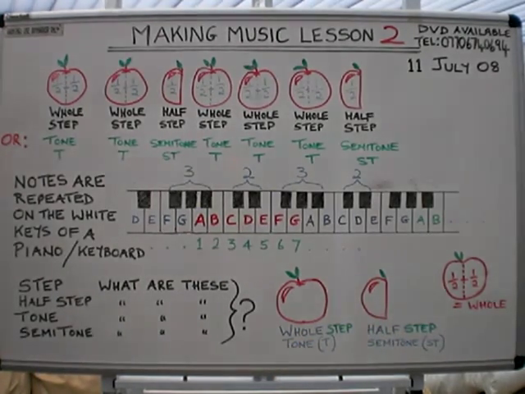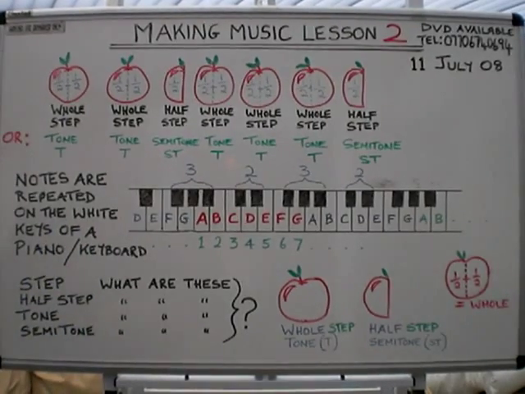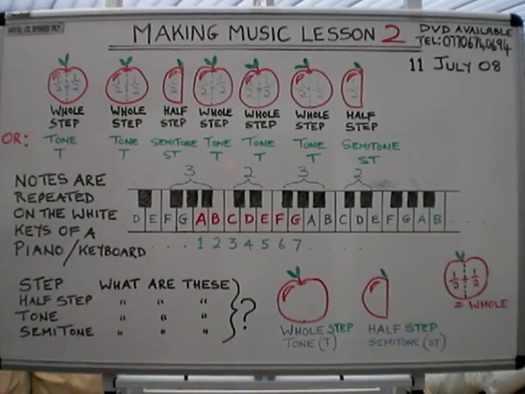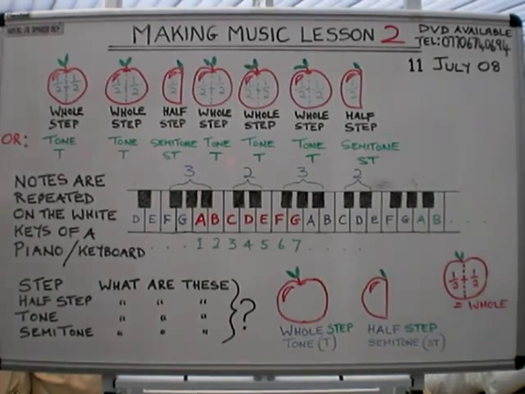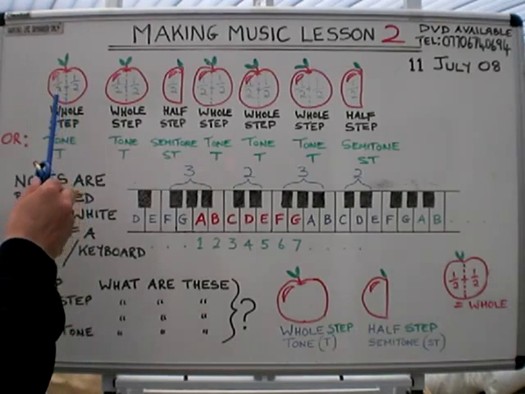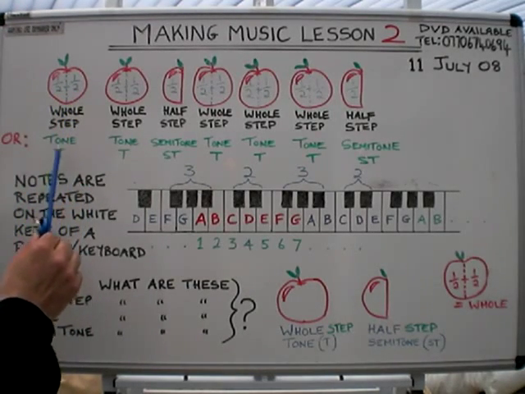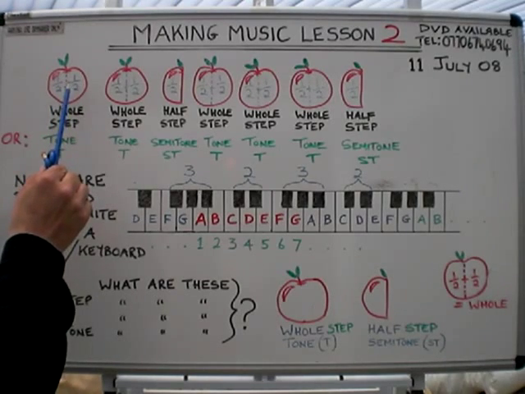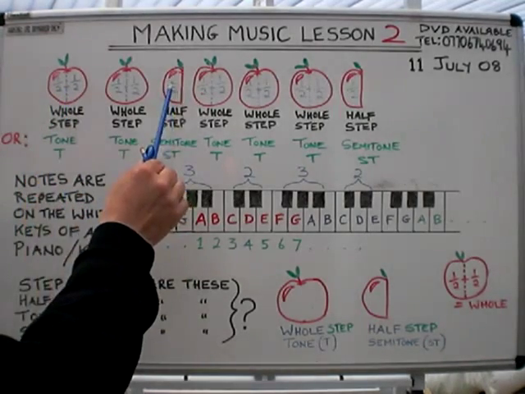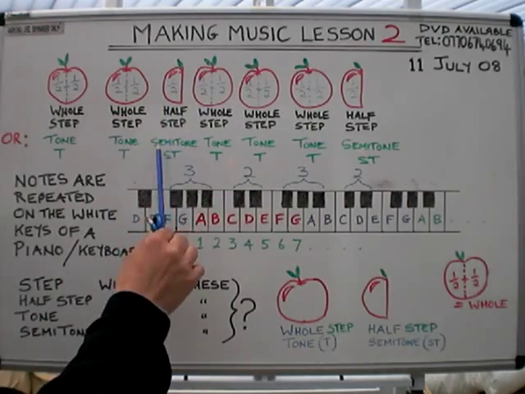Now the reason for this, we want to use it like a way of walking or the way of steps. A whole step or a tone is made up of two halves, and obviously we've got half, semitone.